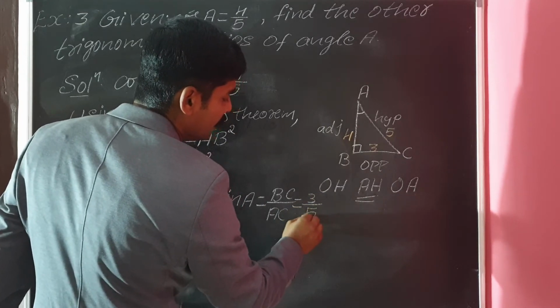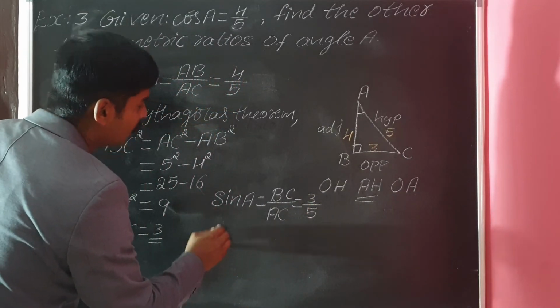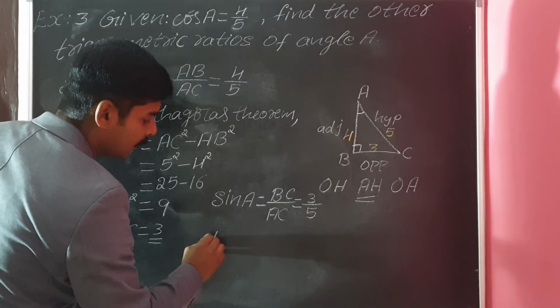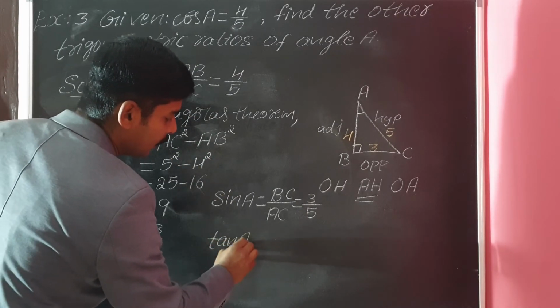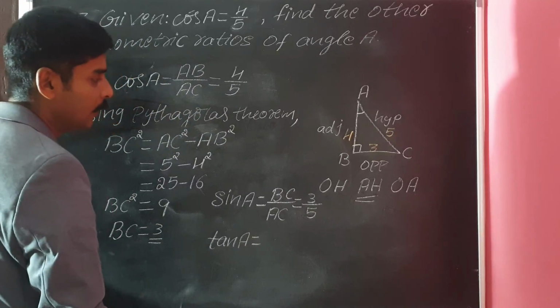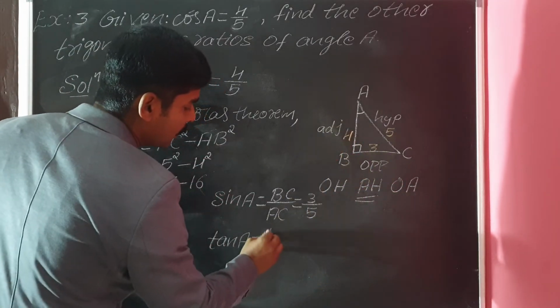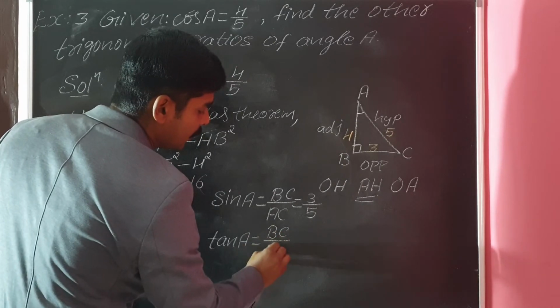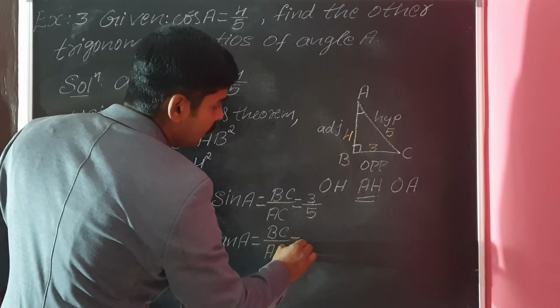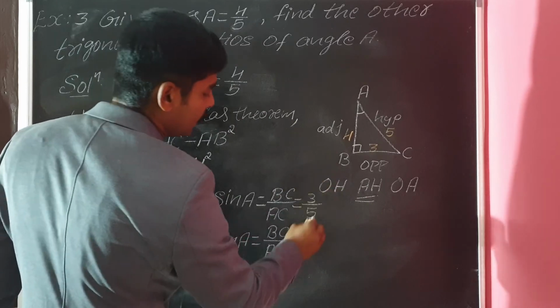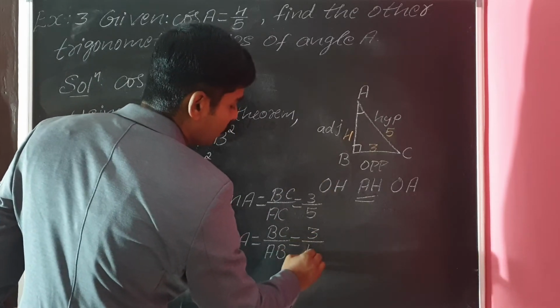Hypotenuse is 5. So 3 by 5. Next, cos A is already given. So I will write tan A. So tan A is equal to opposite side by adjacent. So BC by AB. This is equal to BC is 3, AB is 4.